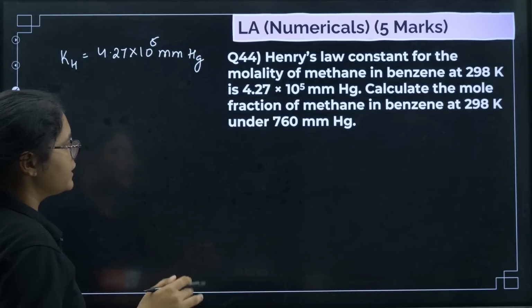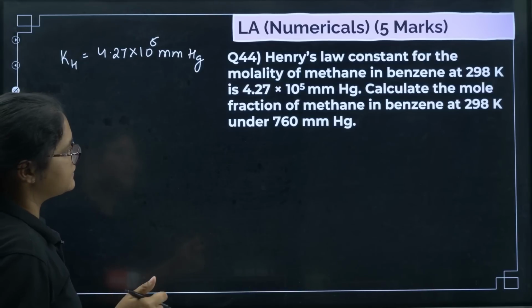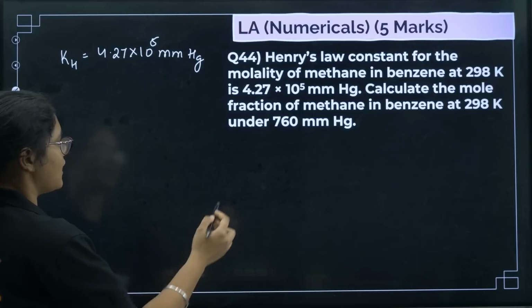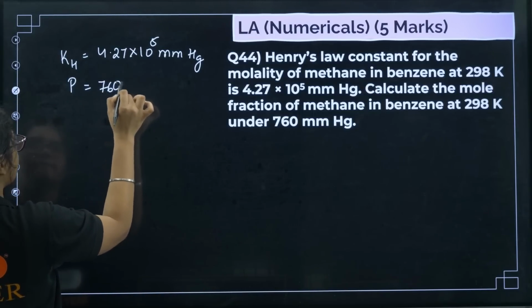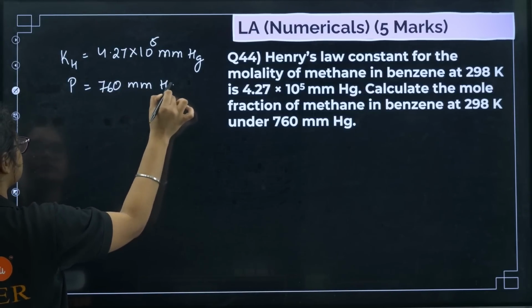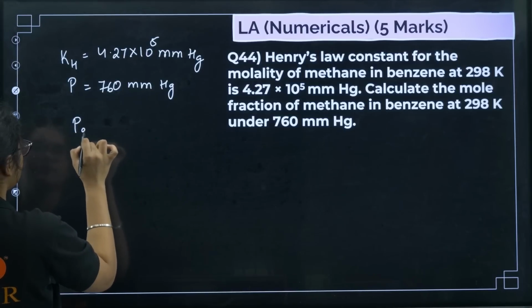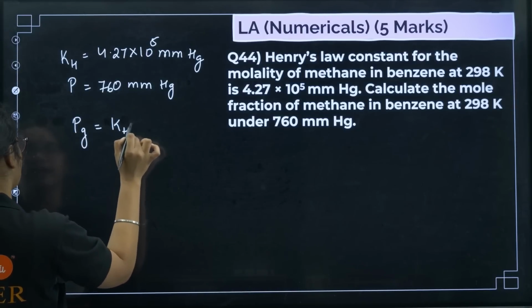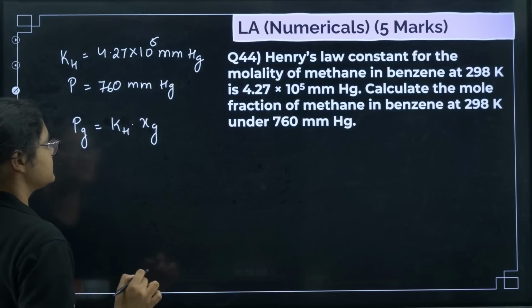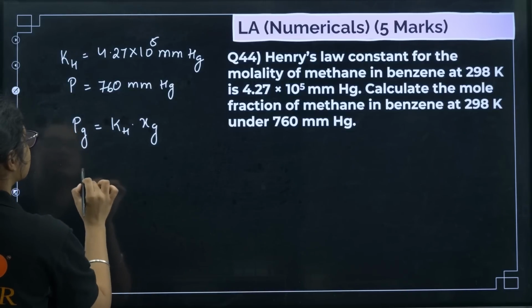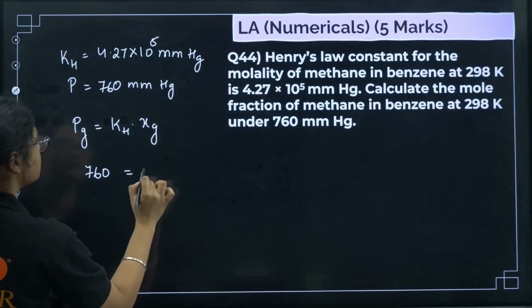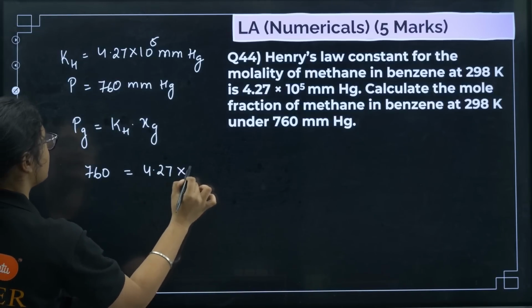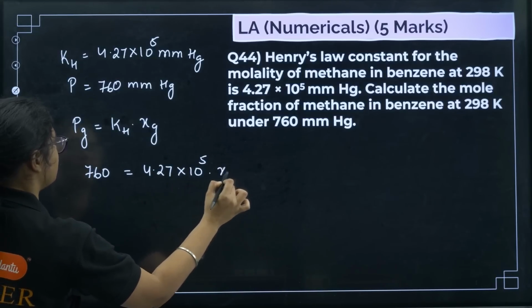Calculate the mole fraction of methane in benzene at 298 Kelvin under a pressure of 760 mm of Hg. This is a very simple and direct question right from Henry's law.